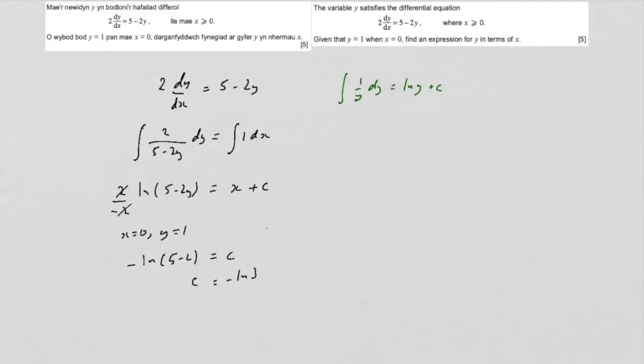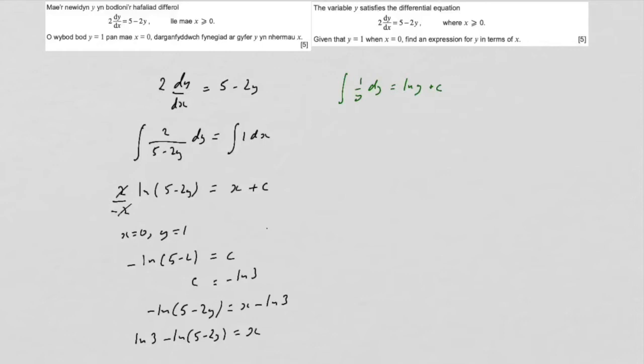So we can put that back in, which gives us minus log of 5 minus 2y equals x minus log 3. Now we want to get it in the form y equals, so if we add the log 3 to the other side, that gives log 3 minus log of 5 minus 2y equals x.